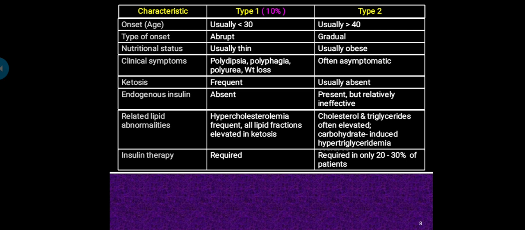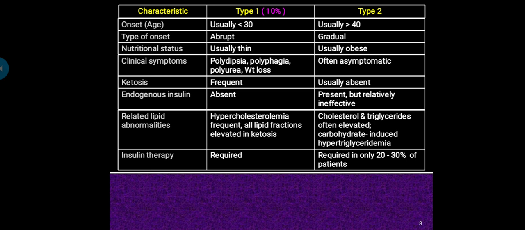We have to know the defect, otherwise we cannot plan the therapy. How to detect type 1 and type 2, I shall discuss after we discuss the insulin. From this list you can understand that if we measure the serum insulin, then in type 1 it is very low or absent, and in type 2 the insulin level is normal.